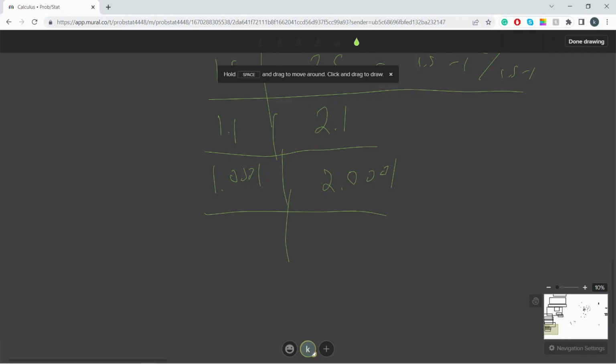So let's say we use 1.0000001, and the value here is going to be 2.0000001. Okay, here we're clearly approaching 2, but the slope is just a little above 2. So maybe the instantaneous slope seems to be approaching 2.